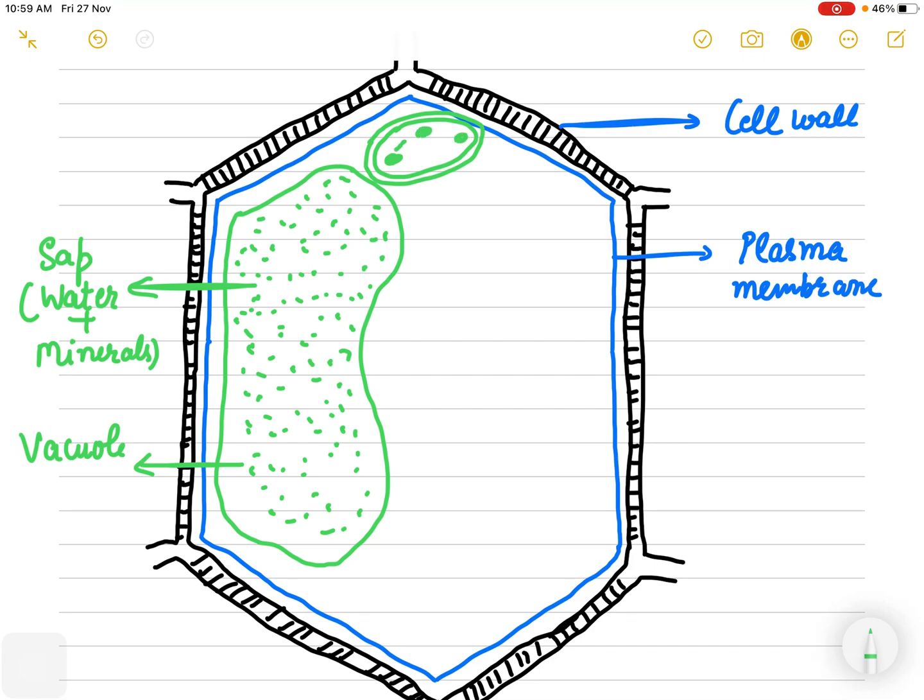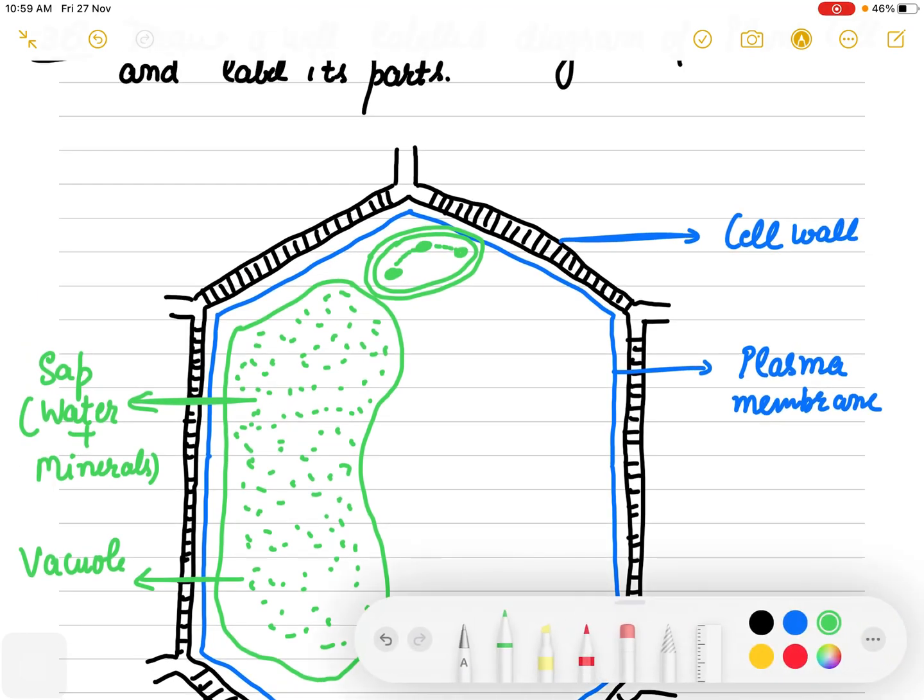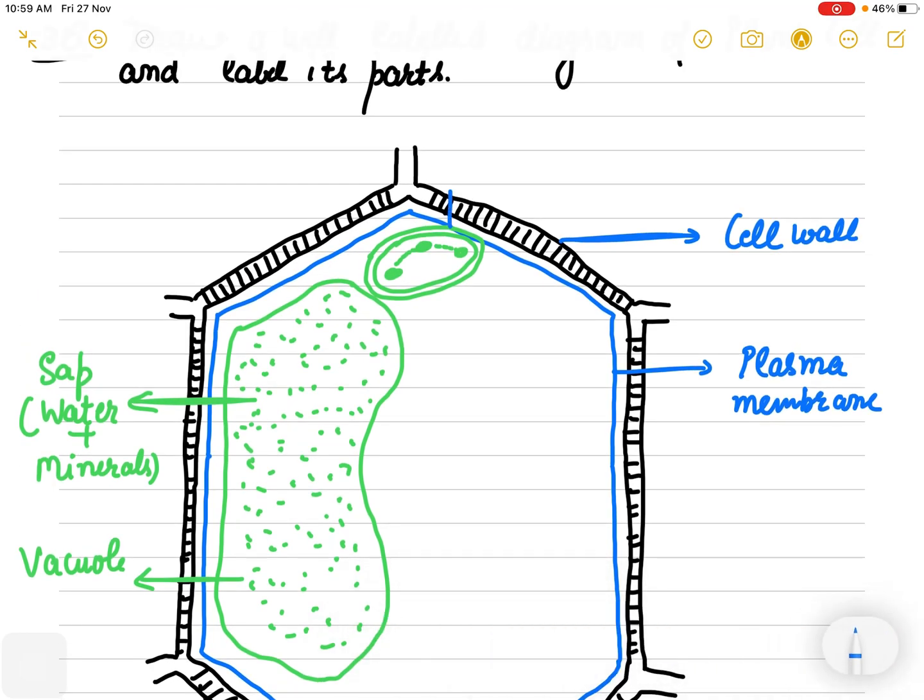This is what I am drawing right now. This is the chloroplast, because the chloroplast has chlorophyll and it is helpful in photosynthesis, right? So the chloroplast is done. We will draw the detailed structure of the chloroplast later.